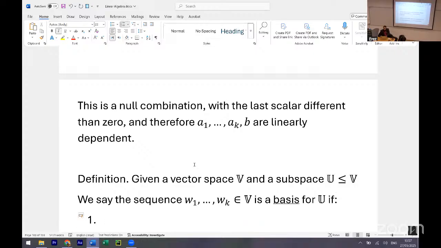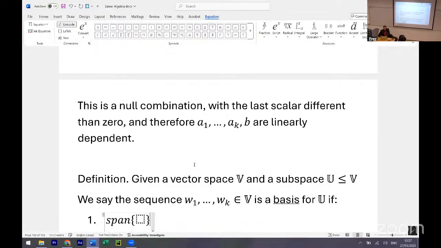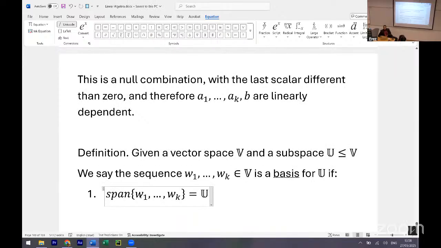1, the space spanned by W1 to WK is exactly U. That means, by the way, that W1 to WK must be contained within U, but moreover, everything in U can be created using W1 to WK. That is enough direction to create everything.